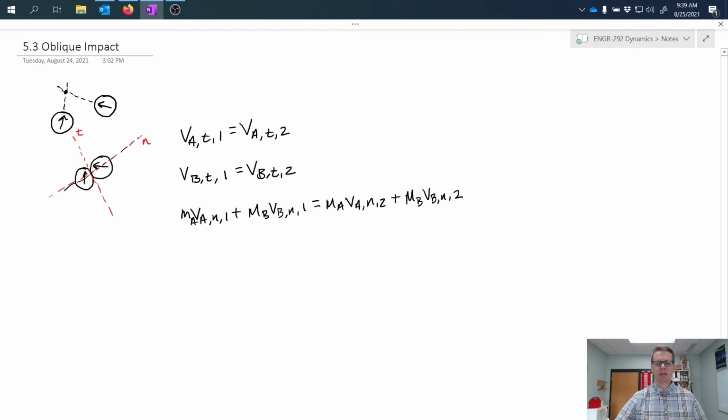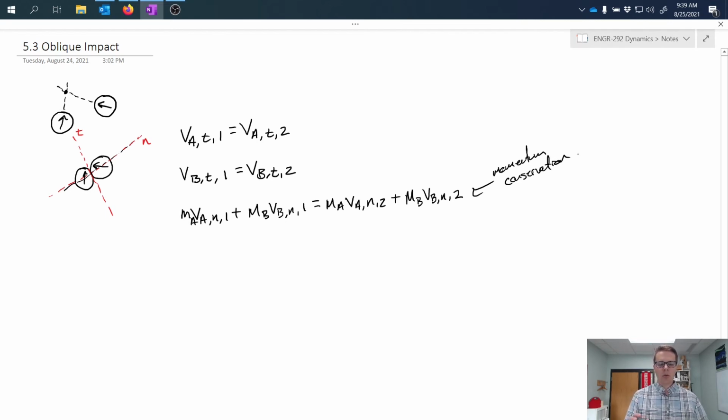And this is representing for us momentum conservation, or the conservation of momentum, realizing that we're only talking about the normal direction components in this case.